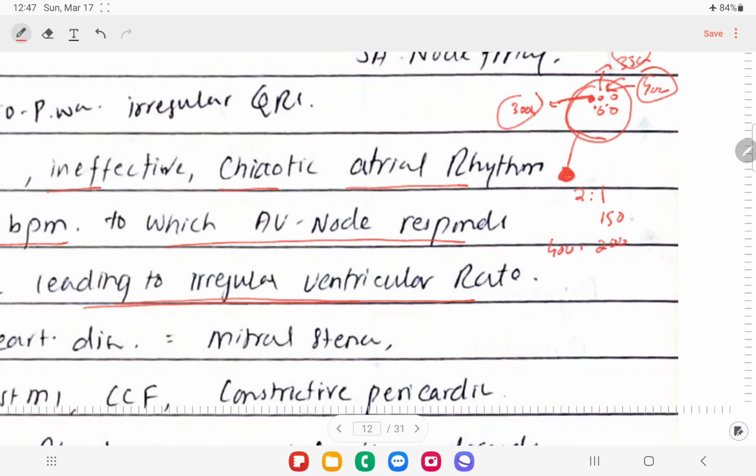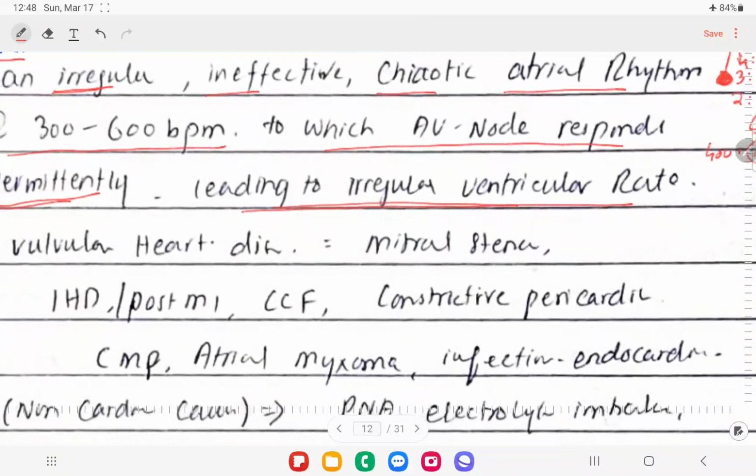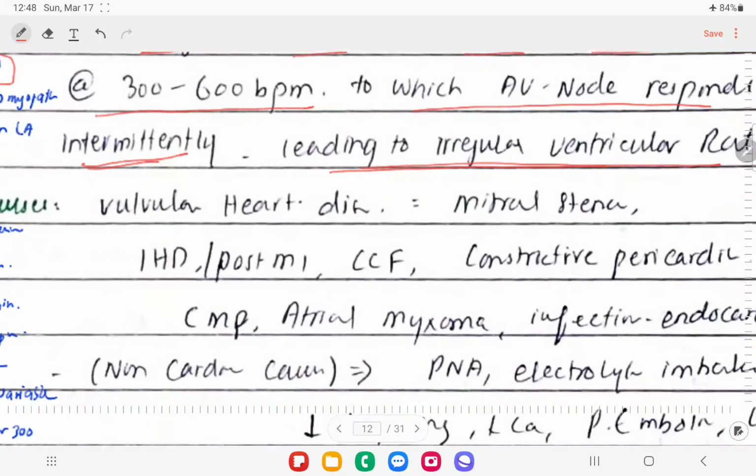So the ventricular rate depends on the AV block. We have different foci firing at different rates, and the AV node blocks impulses differently. Sometimes the block will be 3:1, sometimes 4:1, like that. So with different AV nodal block we get different ventricular rates, and that's how we get the irregular pulse in these patients.